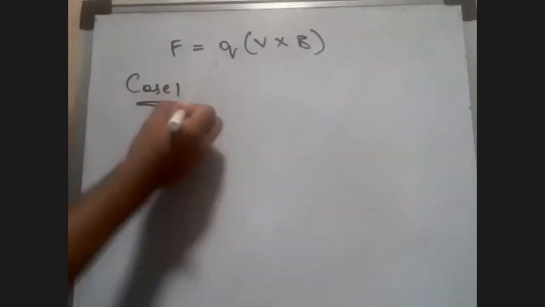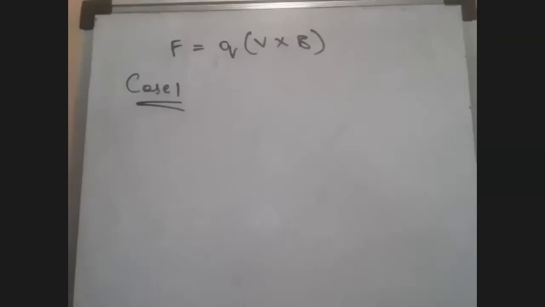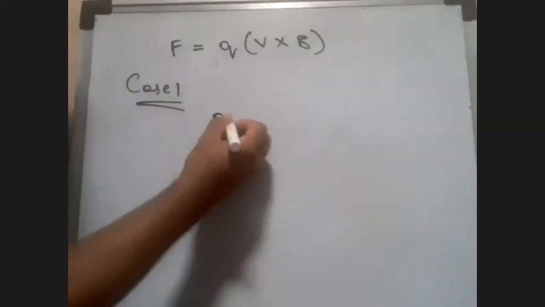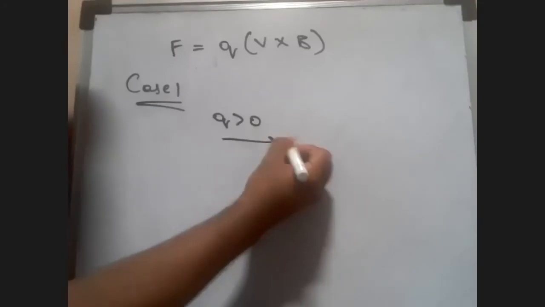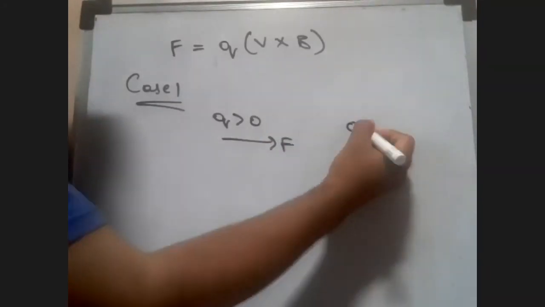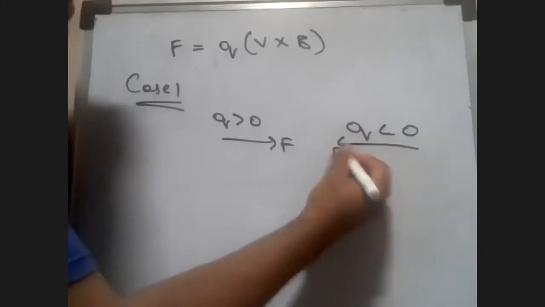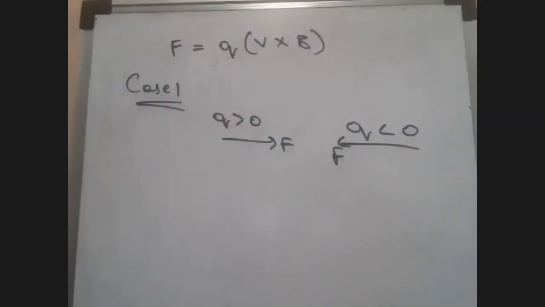Case one: the force on positive and negative charges is opposite. That means, as I just explained, if q is greater than 0 and the force is in this direction using the right hand thumb rule, then for a negative charge it will be opposite. Always remember, the force will always be opposite in the case of a negative charge.